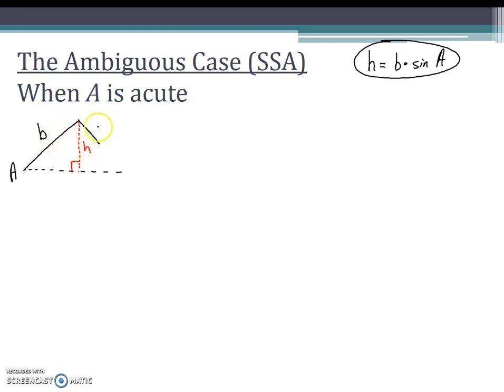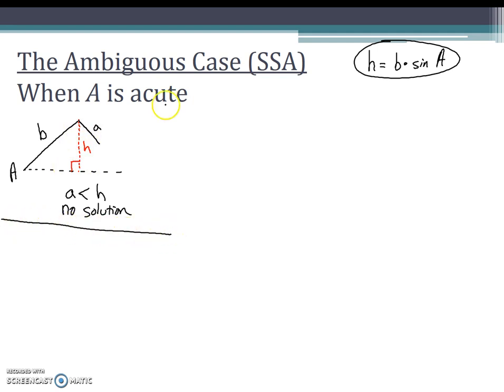So a would just be swinging up here and definitely not big enough to come in contact with the other side down here. So if a is less than h, there is no solution. It's obviously less than b as well, but the important part is that it's less than h. It's not long enough to touch the bottom there.